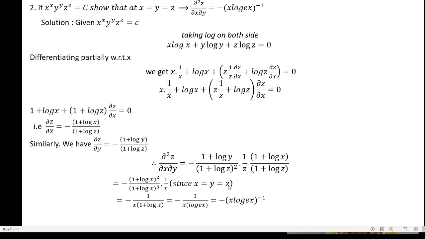Next, since x is equal to y is equal to z, they have given, we have to replace y and z by x. 1 plus log x into 1 plus log x is 1 plus log x whole square. And 1 plus log x whole square into 1 plus log x is 1 plus log x whole cube into x.